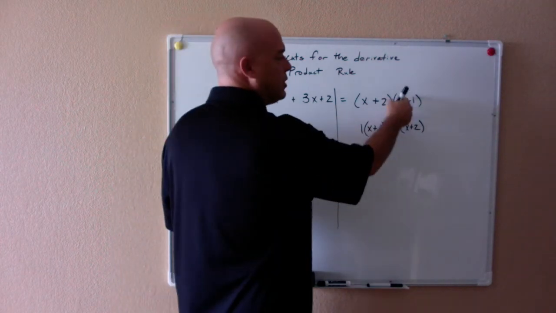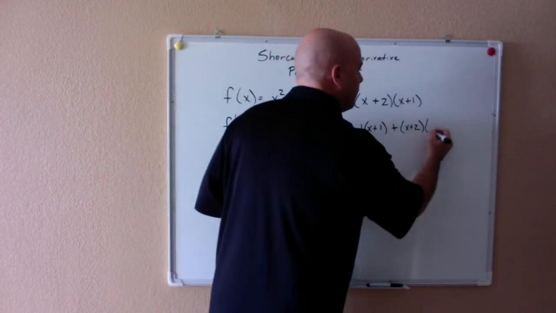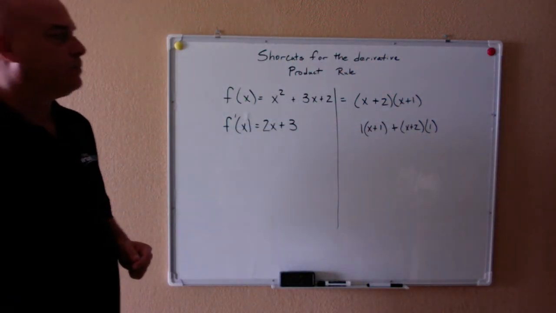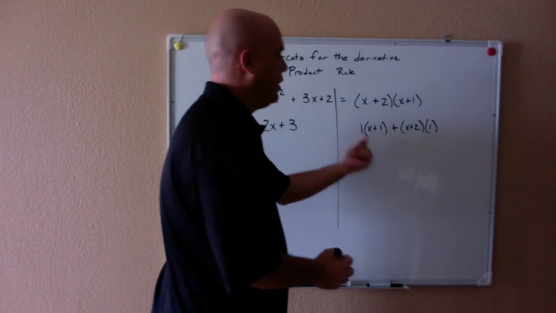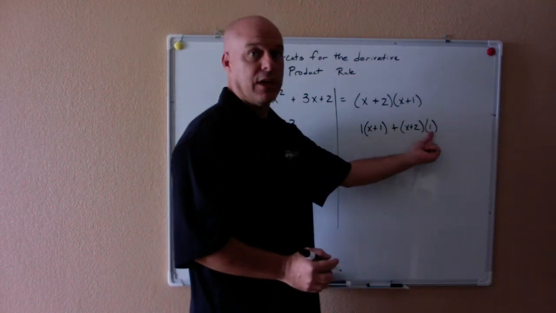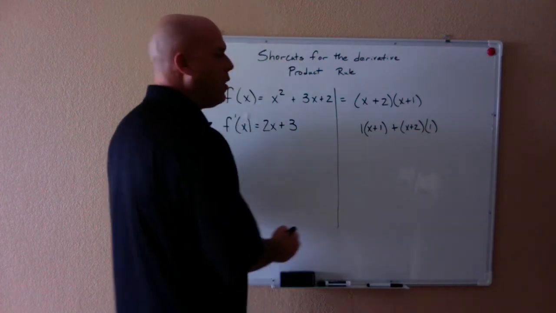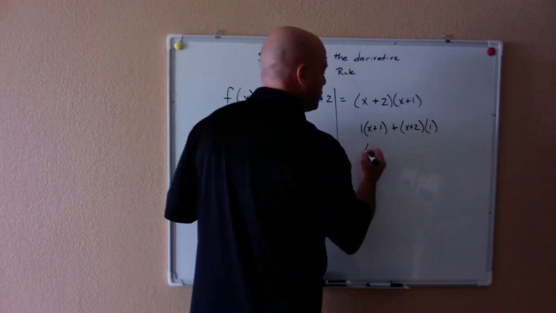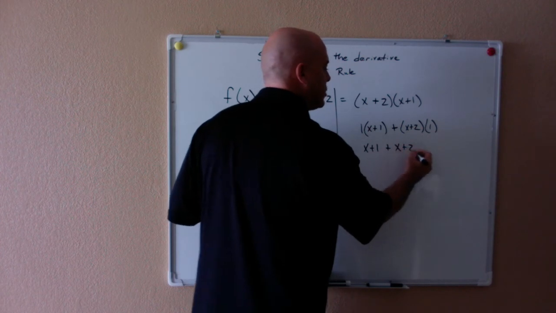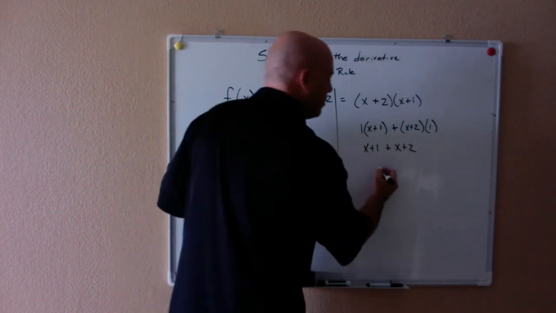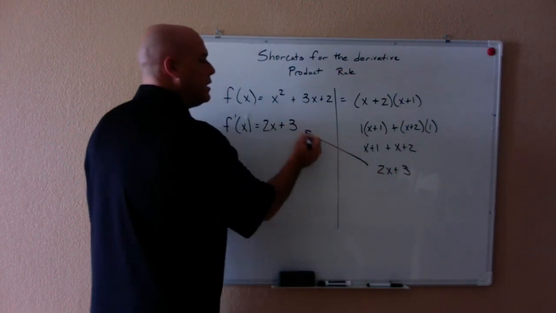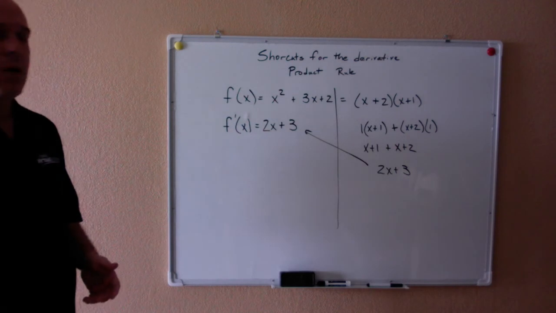The derivative of the second function is going to be 1, and then the derivative of the constant 1 is 0. And so I end up with the derivative of the first times the second plus the first times the derivative of the second using the product rule. And now, of course, 1 times x plus 1 is just x plus 1. The 1 times x plus 2 is just x plus 2. Now I can combine like terms here, and I get 2x plus 3.